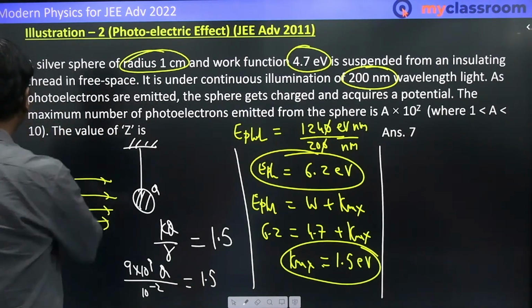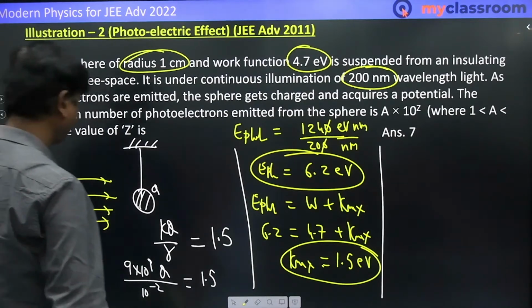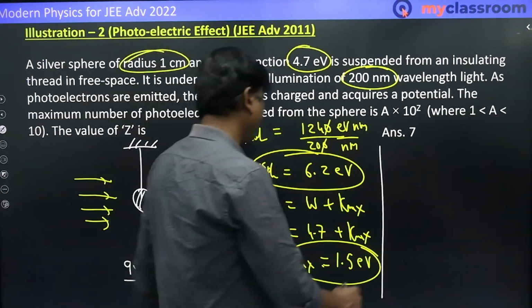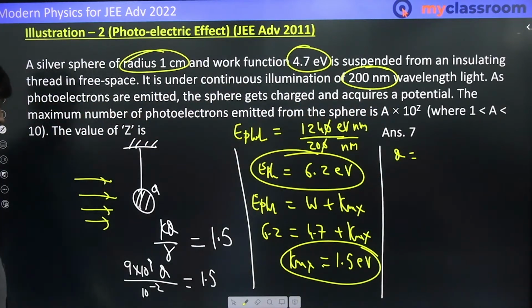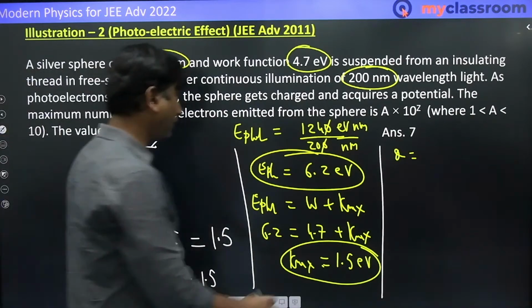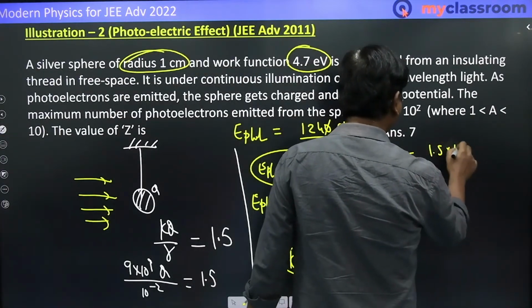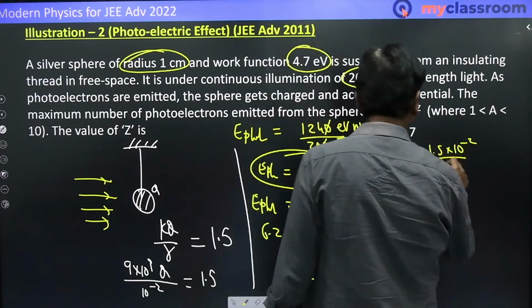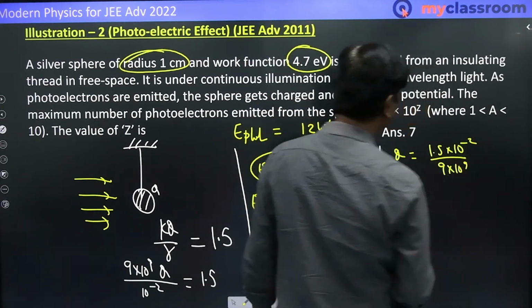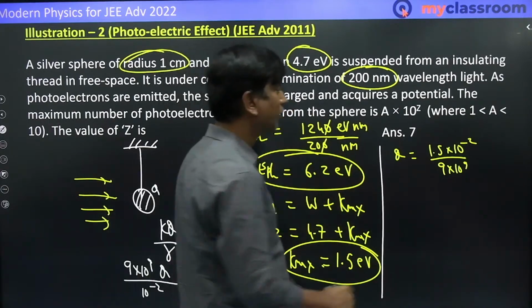Just calculate the value of Q first. The value of Q will be 1.5 into 10 power minus 2 by 9 into 10 power 9. This is the total charge it will acquire, in coulombs.